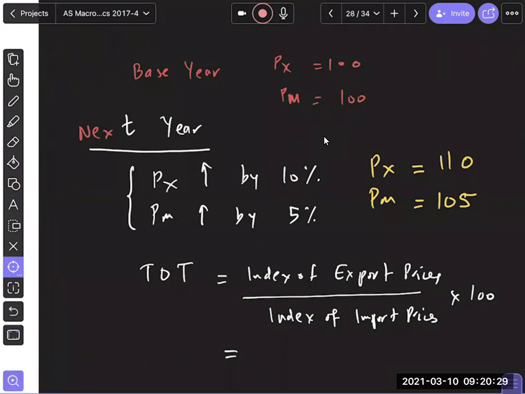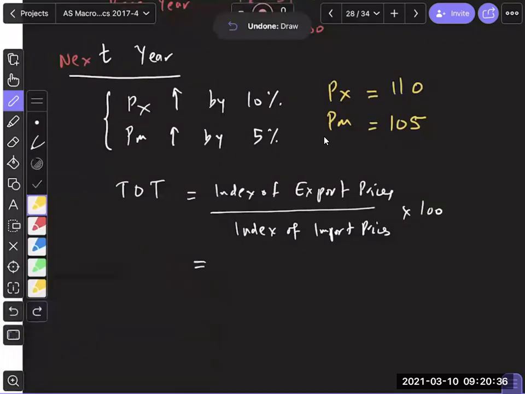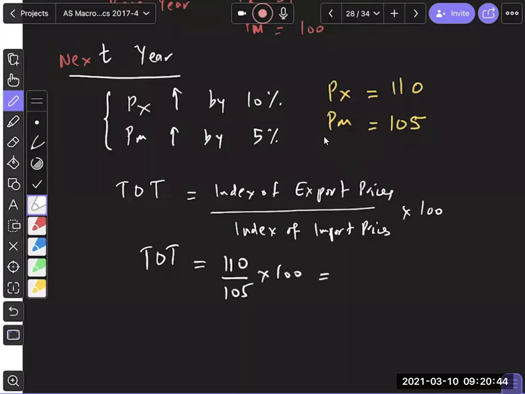So in terms of our terms of trade, our terms of trade will become 110 over 105 times 100. Anyone with a calculator, can you tell me what 110 over 105 will be equal to? 104.7.